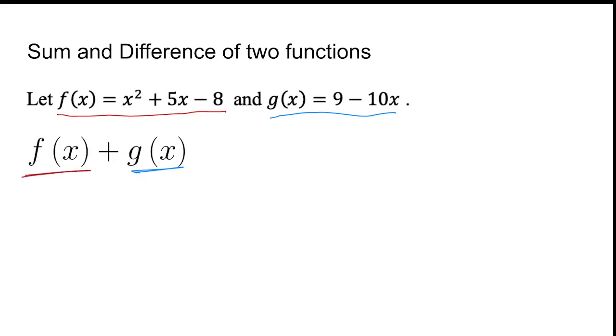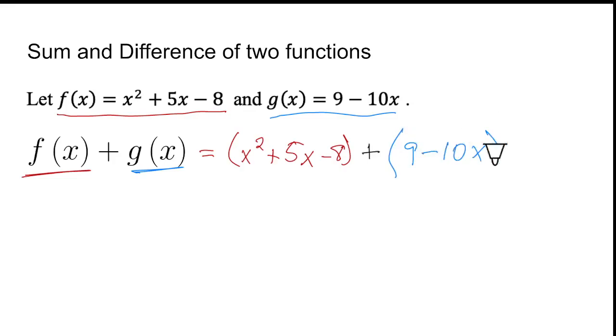Okay, so we're going to write the first function. I'll put parentheses around them to indicate that they are each separate, different functions. So there's one function, and then the operation we're doing with them is we're going to add them together. Second function, 9 minus 10x.